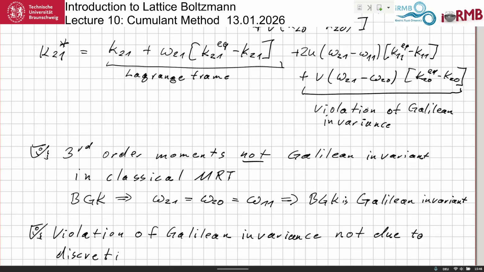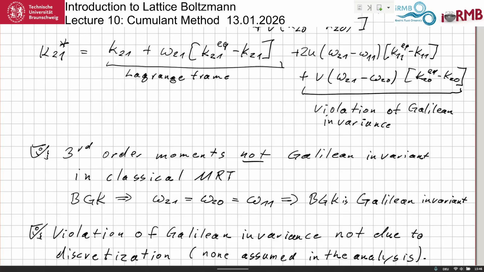I mean, there is a violation of Galilean invariance due to discretization, but here we discovered one that comes on top of whatever we have in discretization. We have not assumed any discretization in the analysis here. So we have not assumed that there are ghost moments or anything like this.